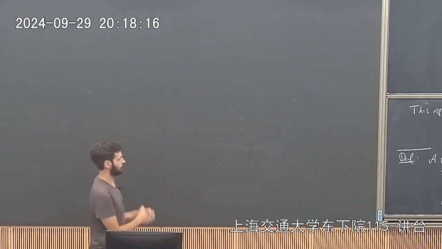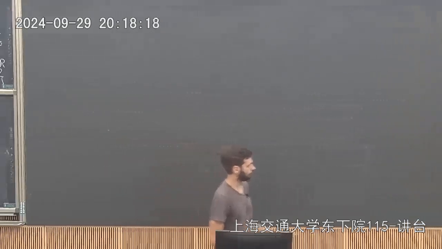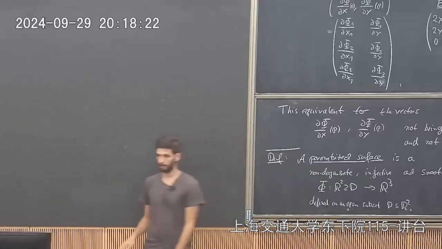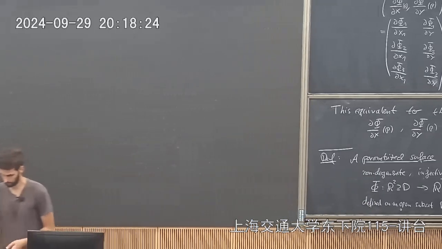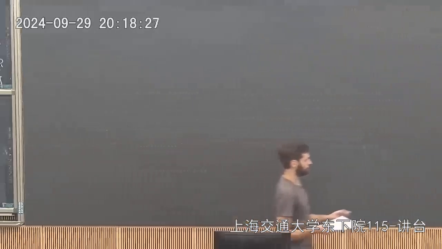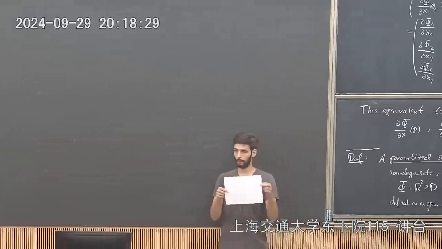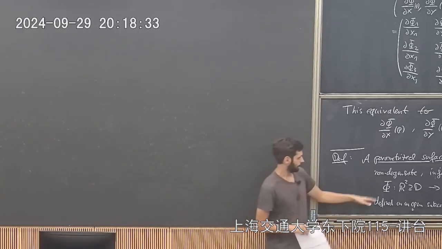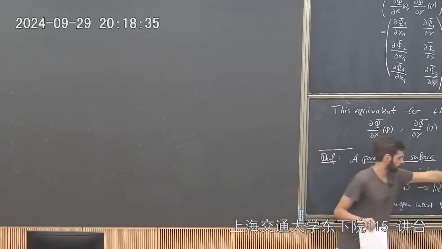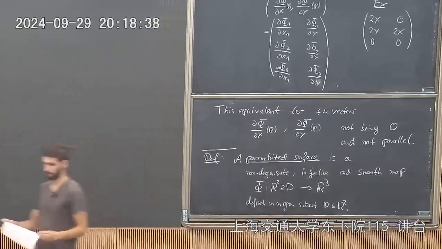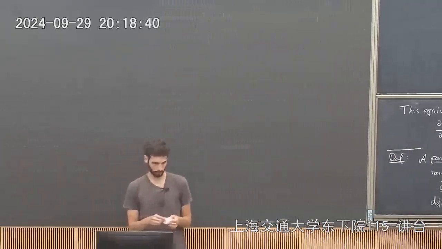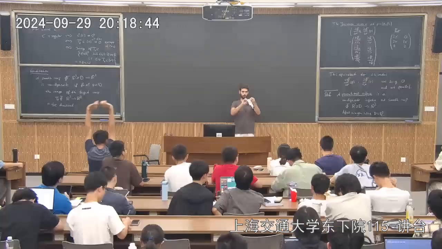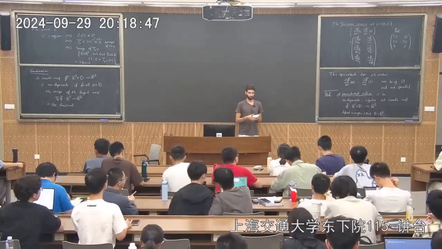So that's the definition. Let me go through each of these words again, because they're really super important. First of all, open subset means it's essentially a sheet of paper without a boundary. That's needed to say even what smooth is. Smooth means, again, that what is not allowed to happen is that nearby points are ripped apart and end up at very different places.